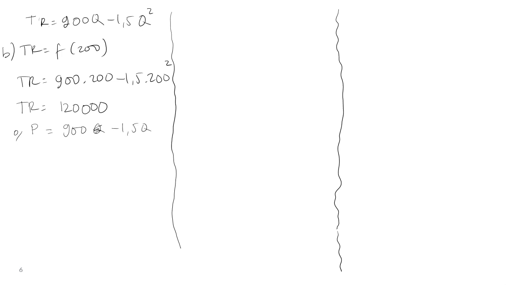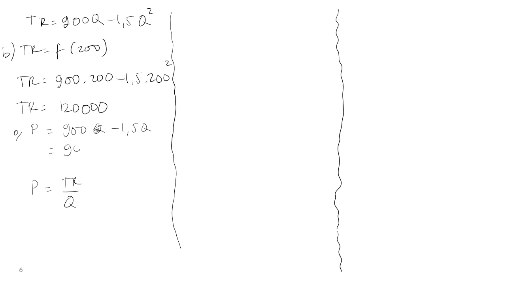Or you can find it through TR over Q, because TR is equal to P times Q. So both ways will give the same results.